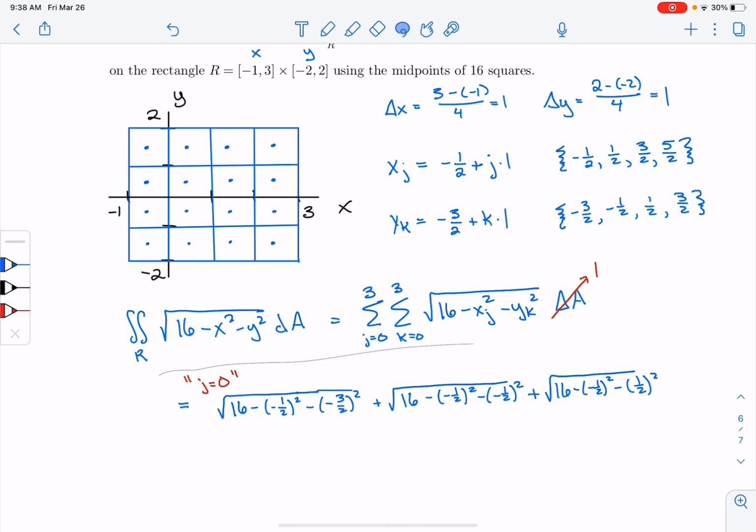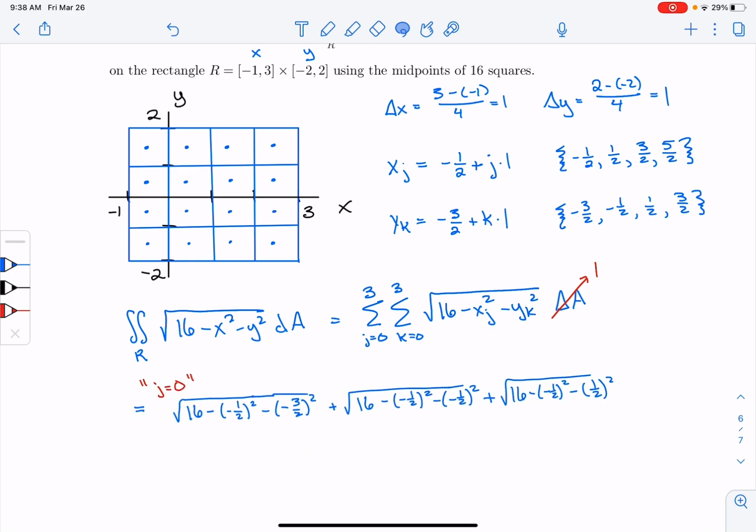And then one more term here, so let me move this over so I can fit it. This will be the square root of 16 minus negative 1/2 squared minus 3/2 squared. So that's just when j equals 0.